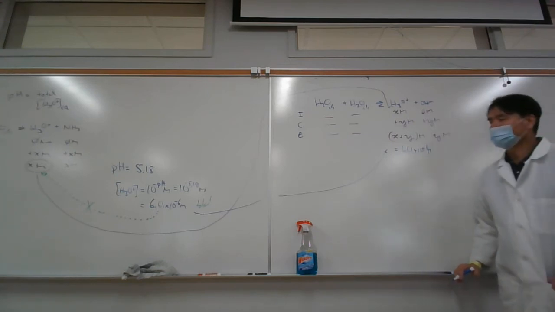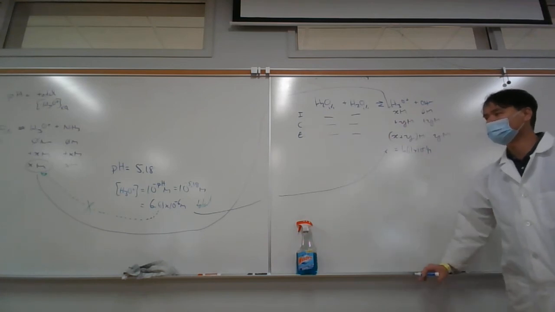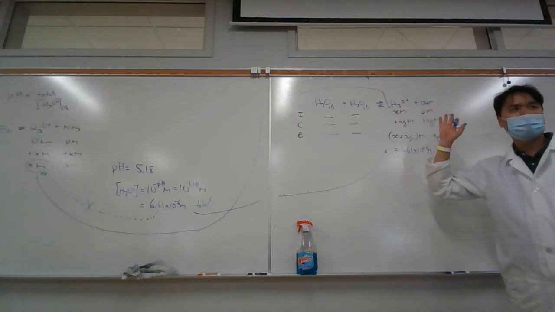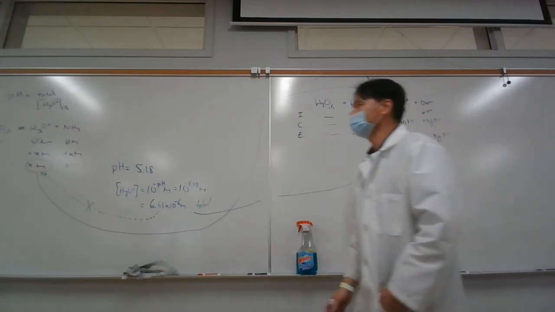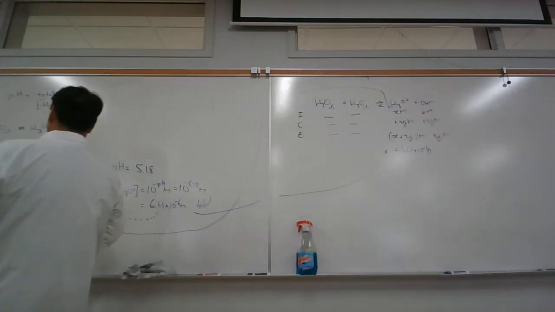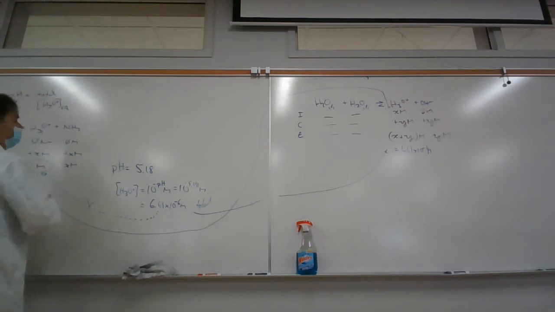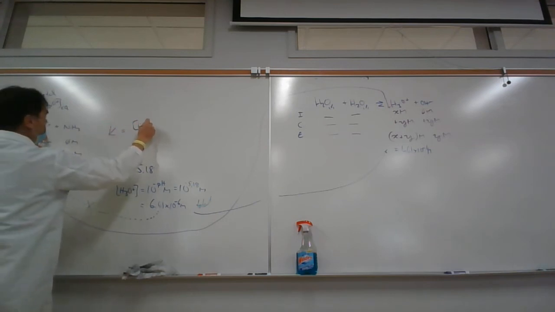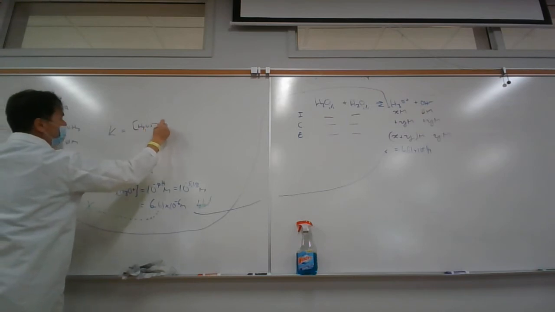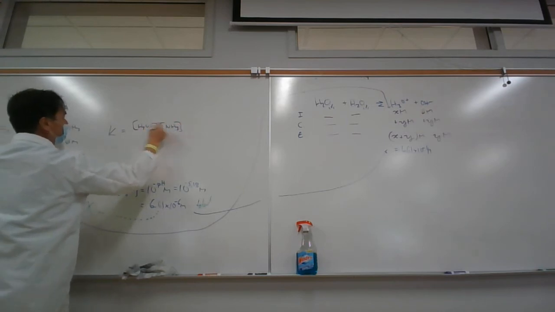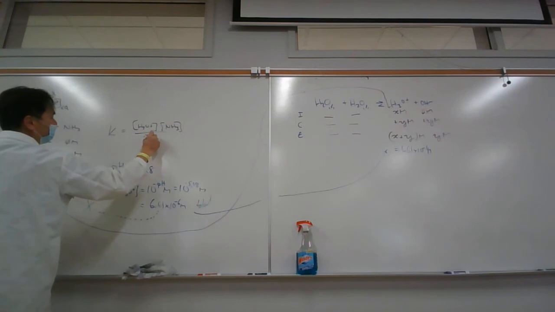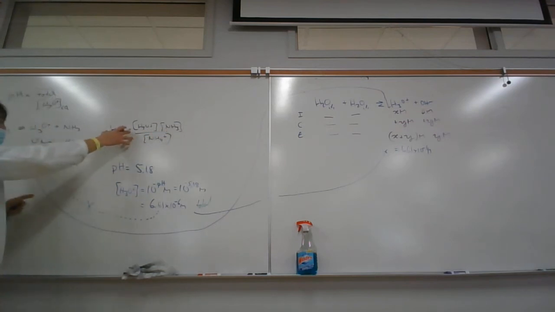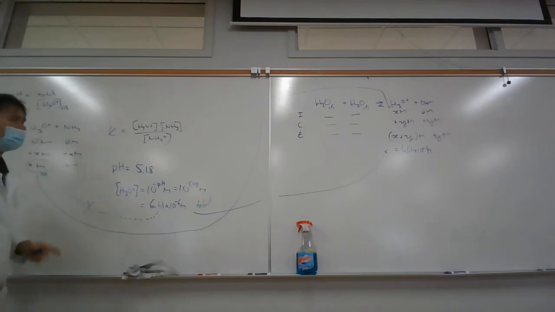So I didn't bother doing this because this is 2 unknowns and 2 equations that I need to solve it. One equation would be this, the K value, which will be the hydronium times the ammonia divided by the ammonium. And so I plug the X's in here, whatever the values are.